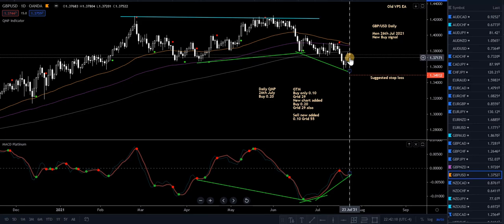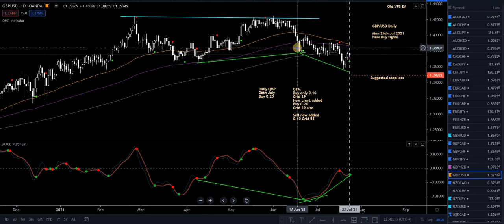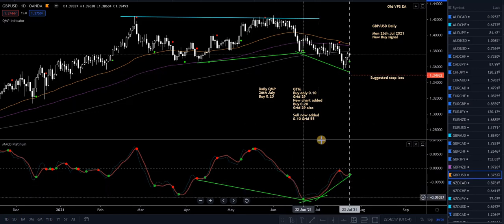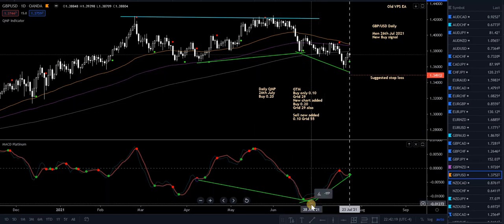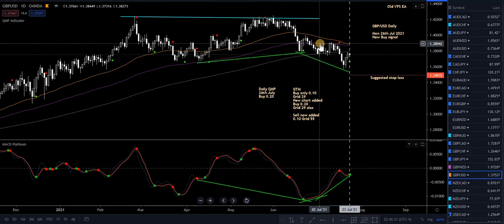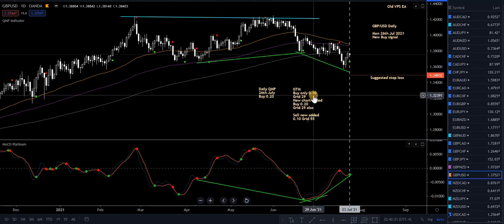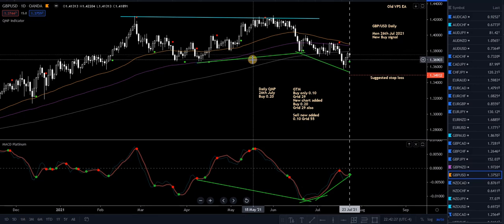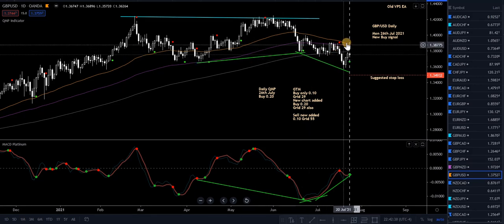Now we're taking a new buy. So we've got hidden bullish divergence followed by regular bullish divergence. So it's a 1-2 thing again. You see price is going down, MACD is going up. Price was going up, MACD is going down. I know the hidden divergence is a little bit hard to spot for some people, but I've got a couple of videos on my YouTube channel if you want to have a look at it.